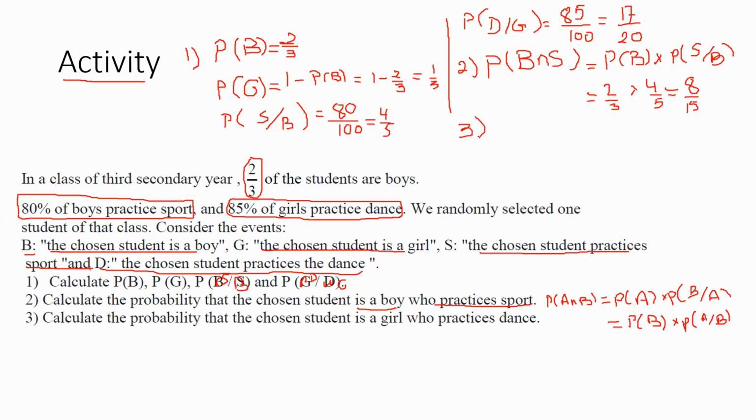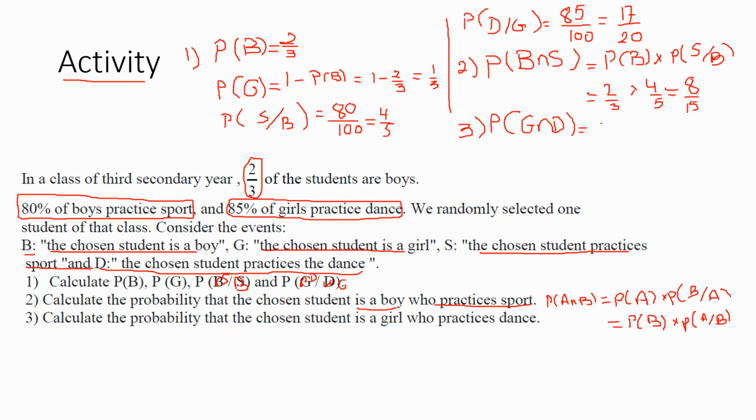Third one. Calculate the probability that the chosen student is a girl who practices dance. Girl who practices dance. How to write it?